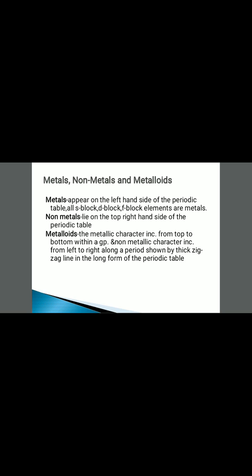Trends in metallic and non-metallic character are followed. Now, what are the metalloids? The metallic character increases from top to bottom within a group, and non-metallic character increases from left to right along a period, shown by a thick zigzag line in the long form of the periodic table.